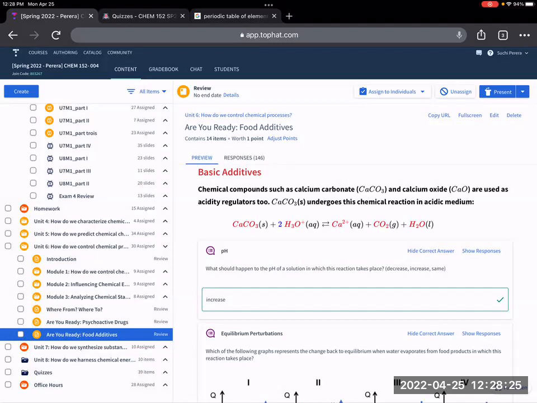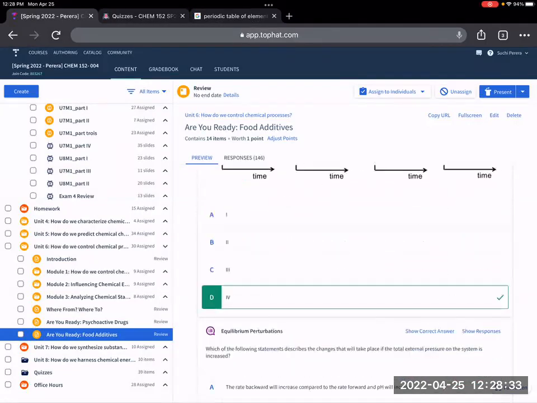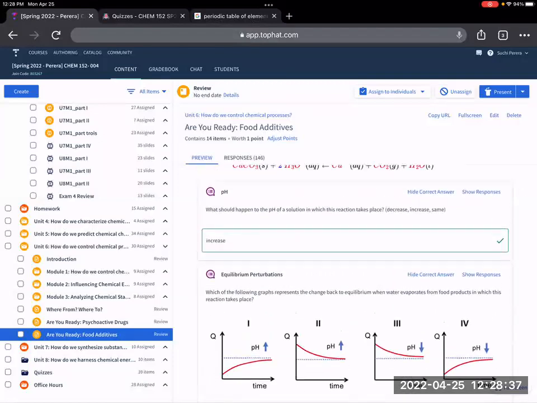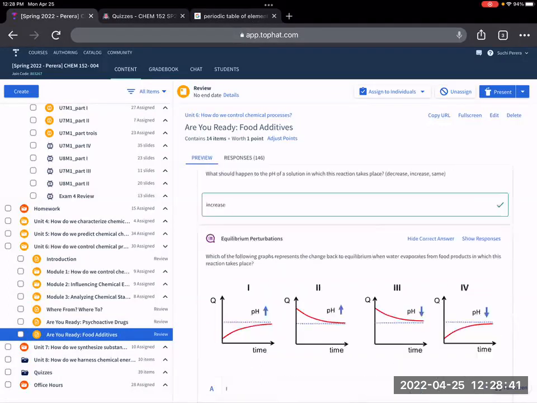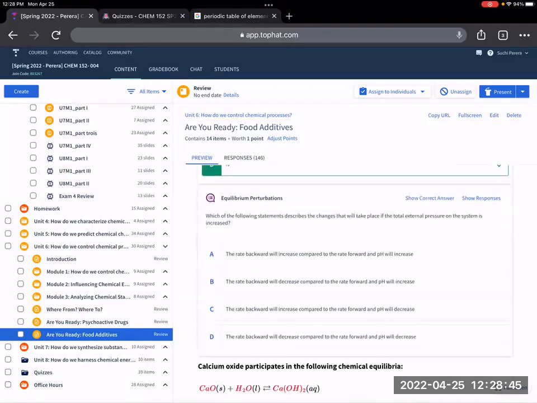So if you increase the pressure, you are basically increasing the concentration of carbon dioxide, and that will increase the product concentration. And let's say we're talking about the rate, right? If the product concentration is increased, then the rate backward should be greater than the rate forward. Okay, so here are the options. The rate backward will increase compared to the rate forward. That is correct.